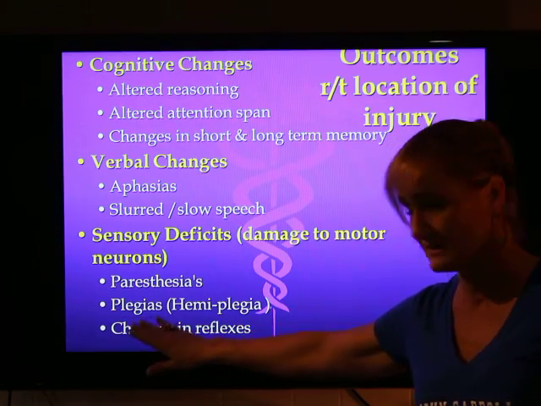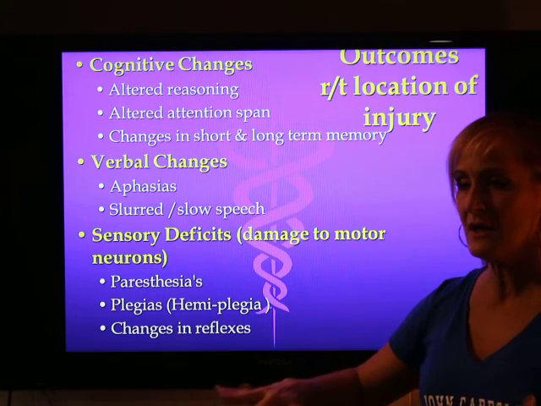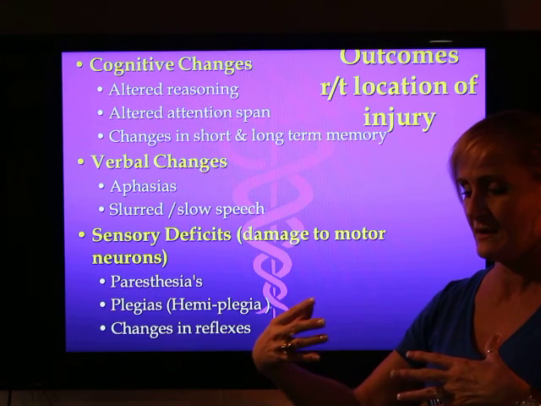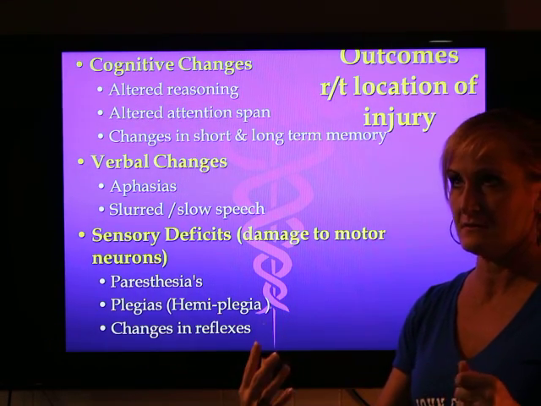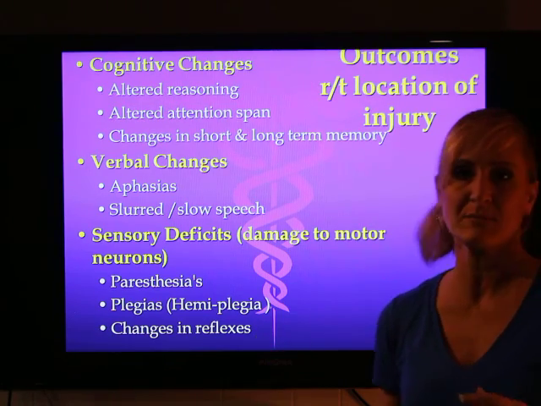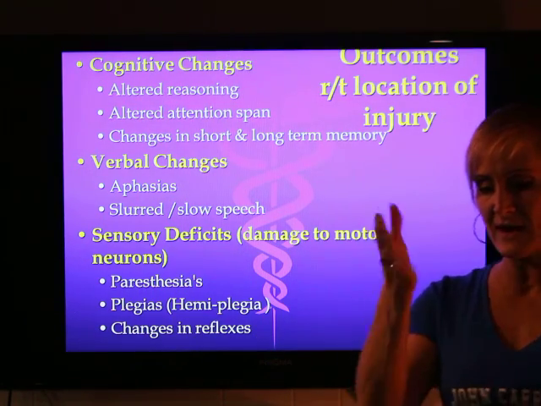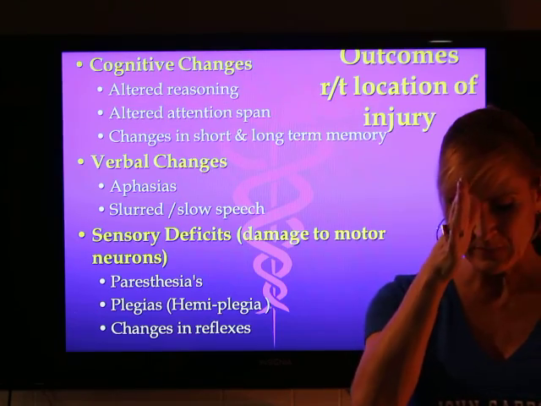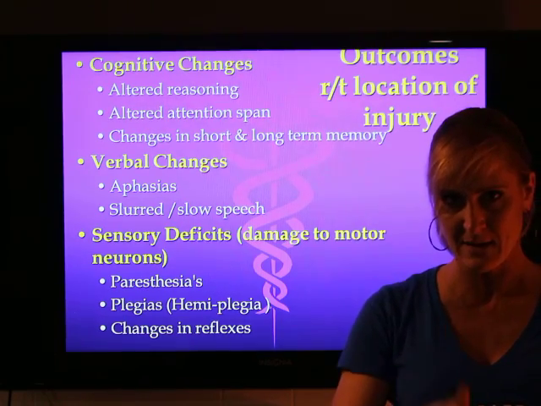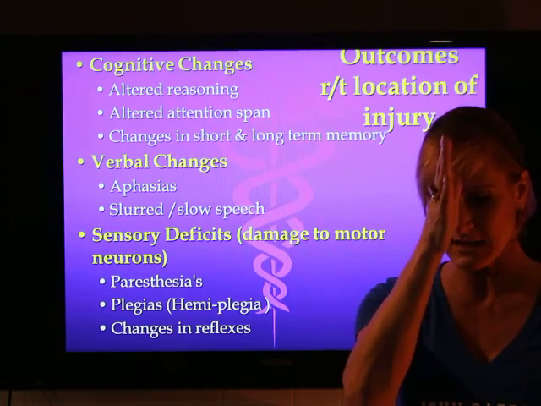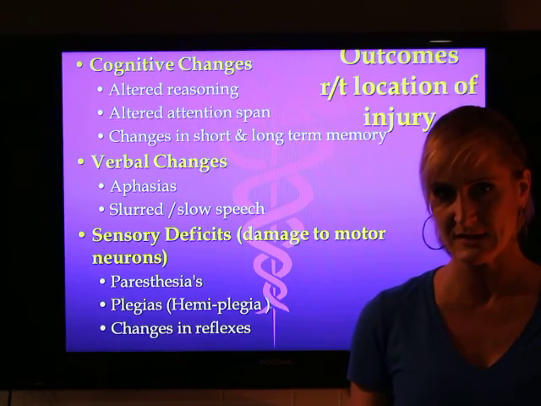The plegias, like hemiplegia, mean unable to move, like you're not moving it. So if I said that your patient is a right-sided hemiplegic, it means they can't move their body on the right side.